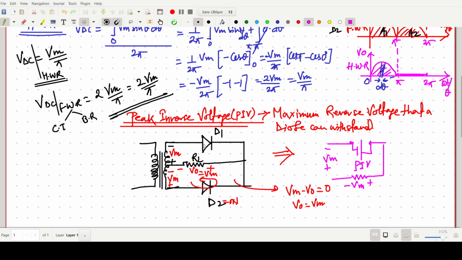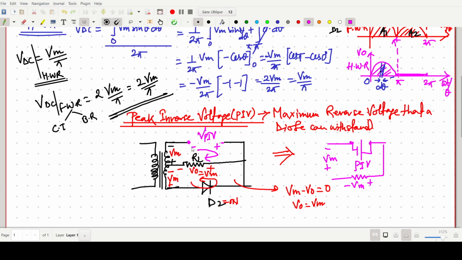We replace this diode with some voltage, VPIV, with plus and minus polarity, the maximum reverse voltage that a diode can reach. So we write minus plus, and this voltage is Vm.